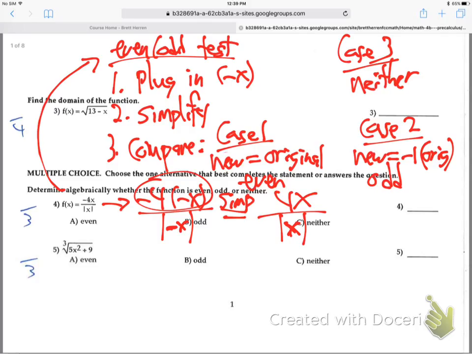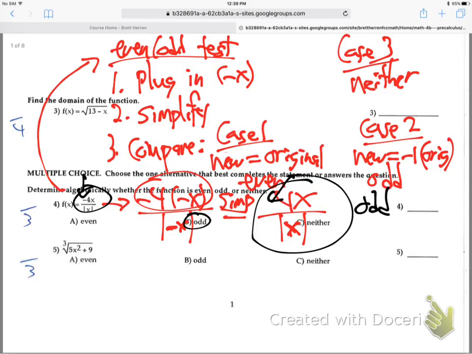Is that good on the simplifying? Now, ask yourself, how does this compare to the original? Is it the same? Is it negative 1 times the original? Or is it neither of those? It's negative 1. See, the original has the negative on the 4x, and we don't. So it's negative times the original. So it's odd. This one's odd.